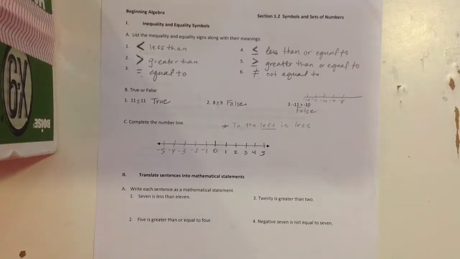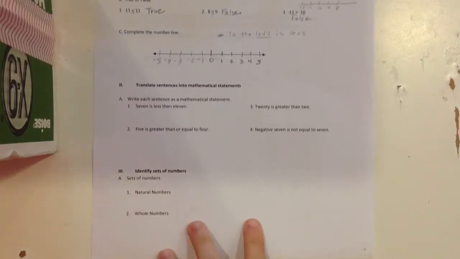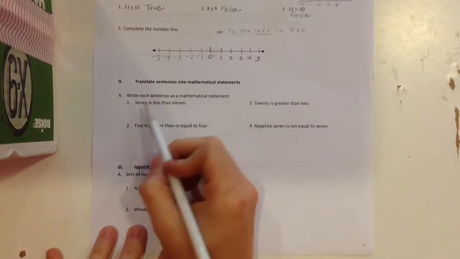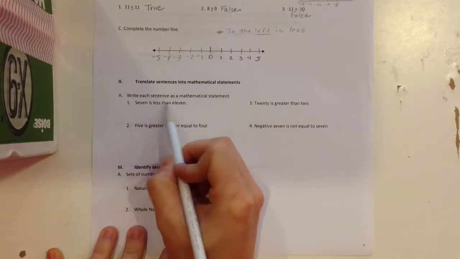Okay, now we're going to move down to translating sentences. When I translate sentences into mathematical statements, I'm taking the words and writing the numbers. So I have 7 is less than 11.